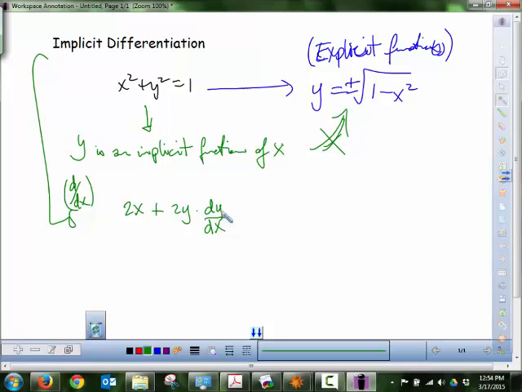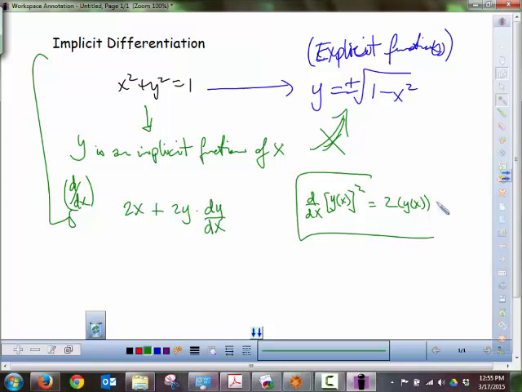So this is where, if y is actually an implicit function of x, and we're taking the derivative of this with respect to x, then we are forced to use the chain rule, because we're assuming that y is the inside function of x.